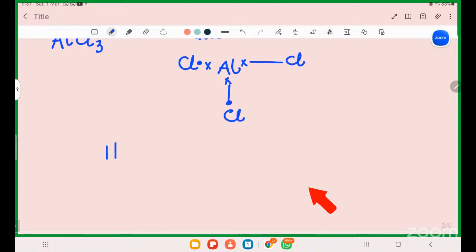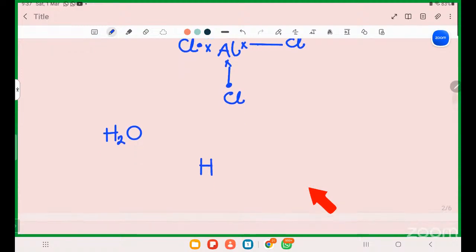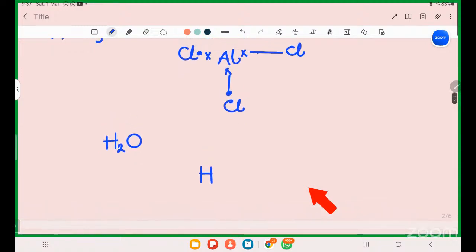This is water, H2O. We have two hydrogen atoms forming a covalent bond with oxygen. The electron configuration for oxygen is 2,6, which means it has 6 in its outer shell.